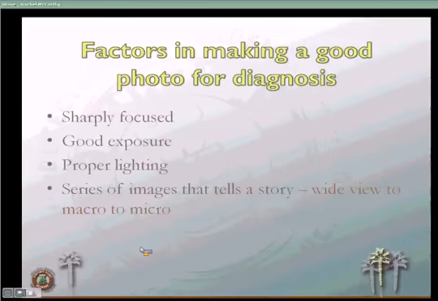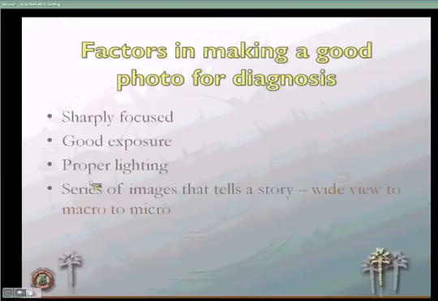You're going to want a good exposure; you don't want it to be too light or too dark. You're going to want to use the proper lighting. By this I mean you want the lighting to show whatever it is in the sample that you want to show. You want to either backlight or front light or side light, and we're going to talk about that in a few minutes.